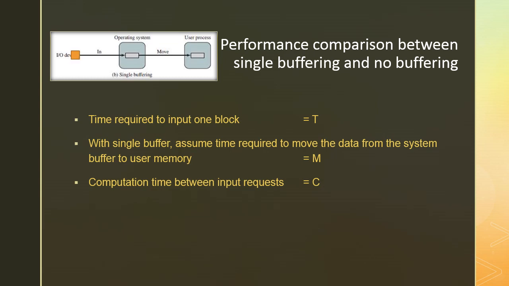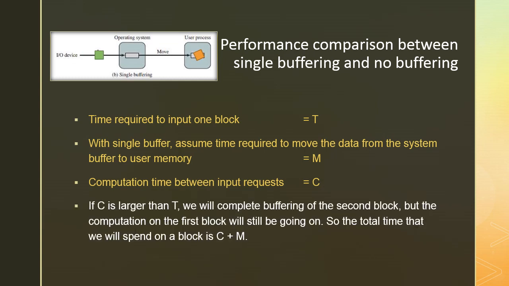Let us continue the same example. Bring a block from the I/O device to the system buffer and then move it from the system buffer to the user process. Now, if C is larger than T, we will complete buffering of the second block, but the computation on the first block will still be going on.